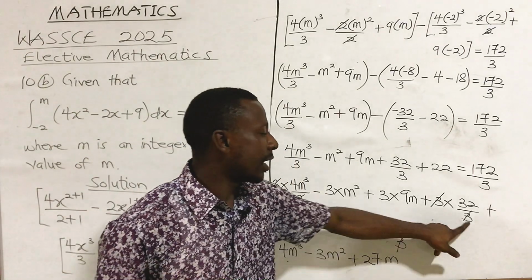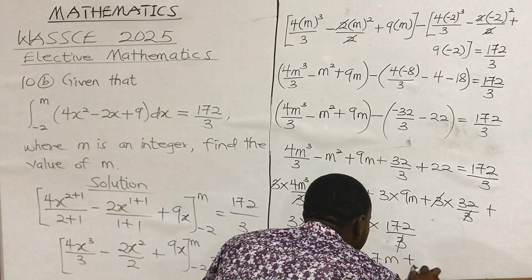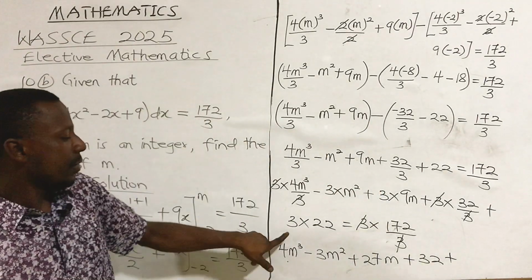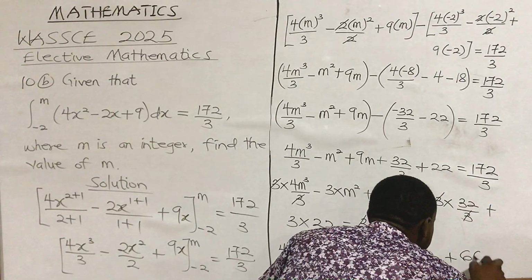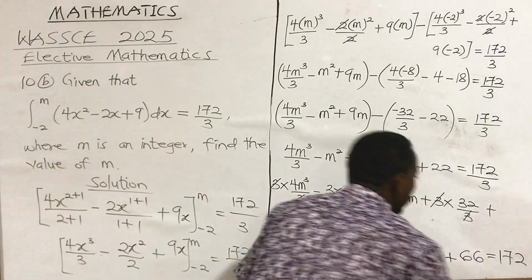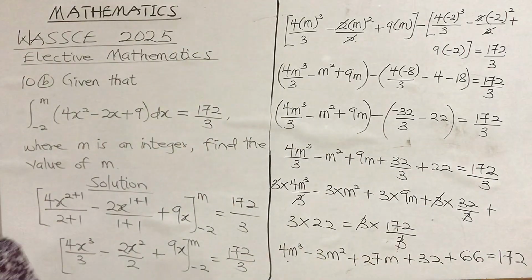And here the 3 has cancelled out the denominator. We have positive 32 plus 3 times 22, which is 66, which is equal to 172, because the 3 here has taken off the 3 we have there.